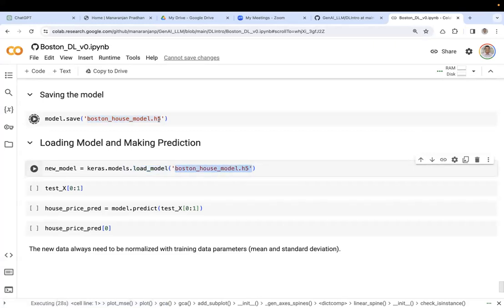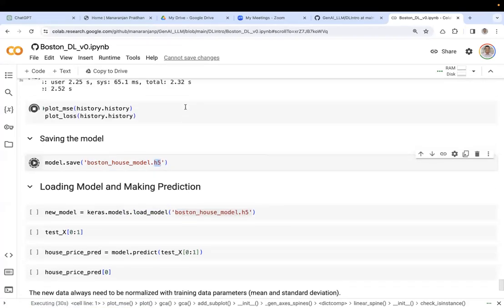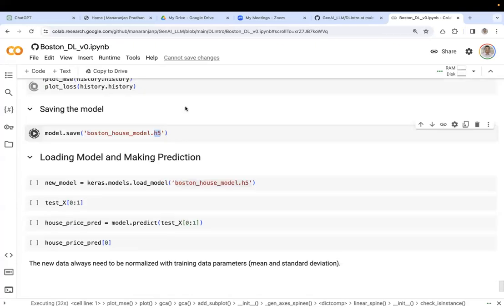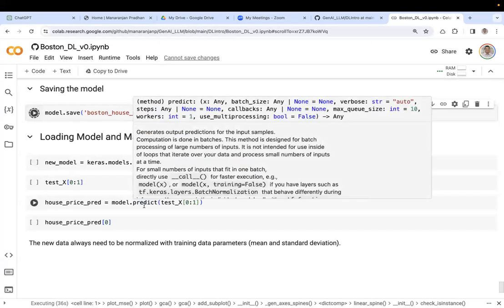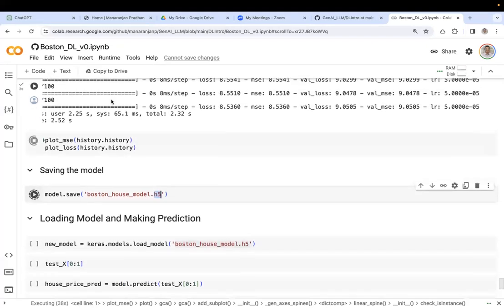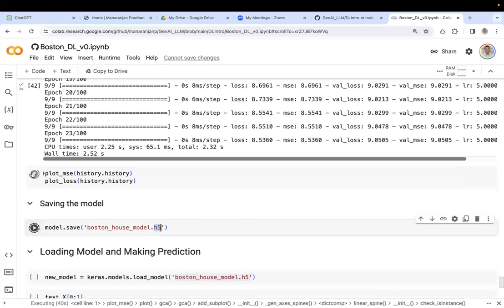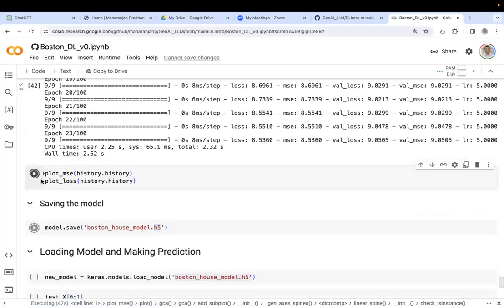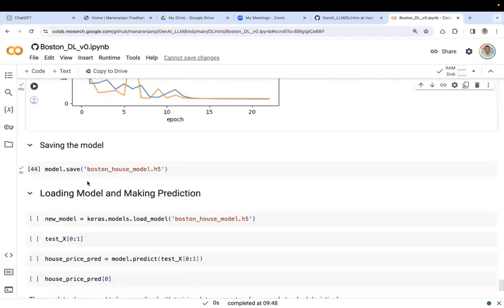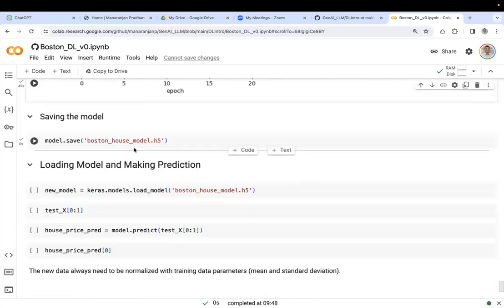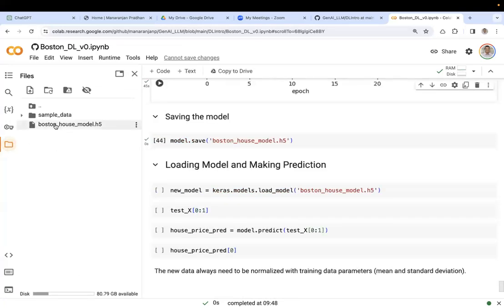H5 is basically a format to store the deep learning models, the weights, and then you can predict with that as well. Yeah, it's coming. So model.save, and if you look at the folder icon here, you see that the file is created here, Boston House model.h5.